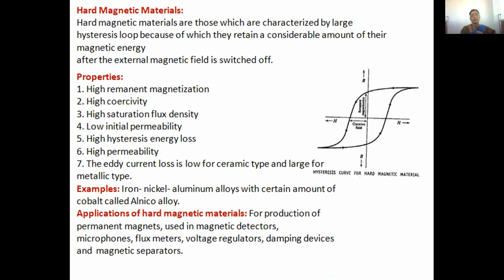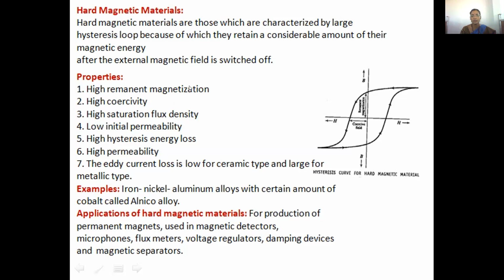Last concept: what are the two types of magnetic materials? Hard and soft. Let us have a look at hard magnetic materials. Hard magnetic materials are characterized by a large hysteresis loop, because of which they retain a considerable amount of their magnetic energy after the external magnetic field is switched off. This is how the hysteresis curve looks for hard magnetic materials.